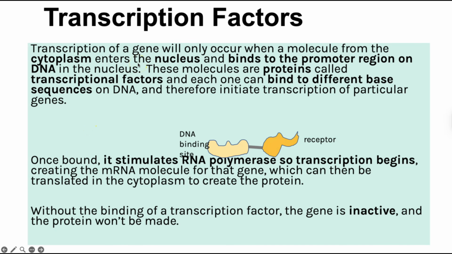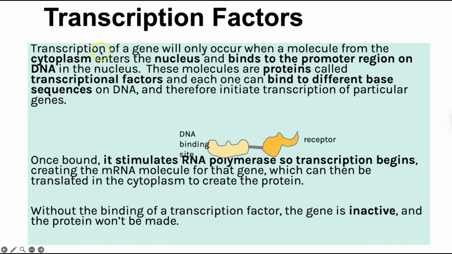So transcription of a gene will only occur when a molecule from the cytoplasm enters the nucleus and it binds specifically to the promoter region on DNA once it's in the nucleus. And those molecules that do that are proteins, and they're called transcriptional factors. Each one can bind to a different and particular base sequence of DNA.